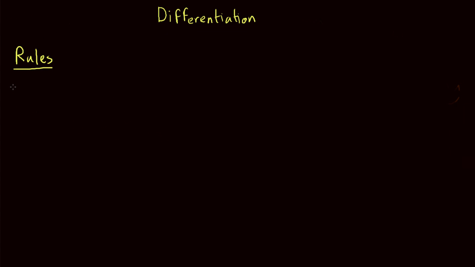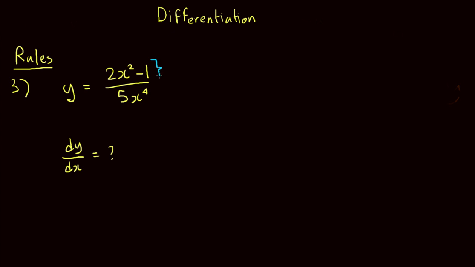So rule number 3 is, let's say you have a function like this. So y equals to 2x squared minus 1 over 5x to the power of 4. And the question asks you to obviously find the dy dx. How are you going to do that? Just like before, we'll take two parts. We're going to denote the numerator as u and the denominator as v.